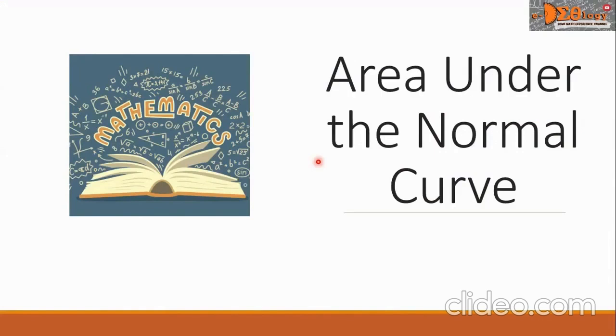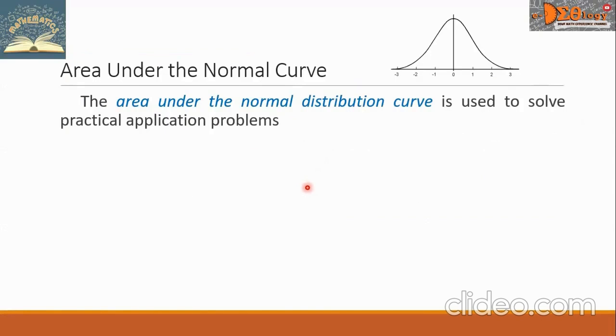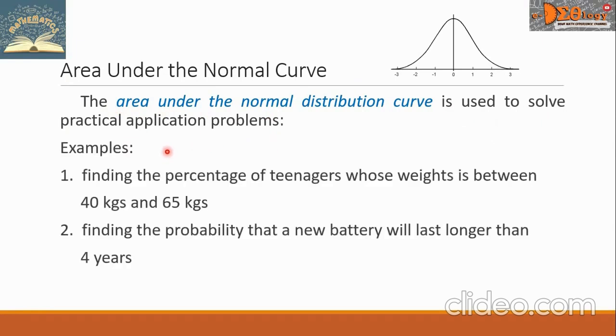Hi everyone. Today we're going to study area under the normal curve. The area under the normal distribution curve is used to solve practical application problems. Here are two examples. 1.